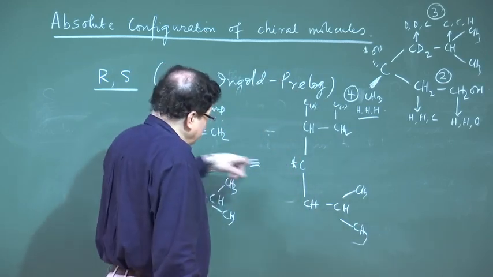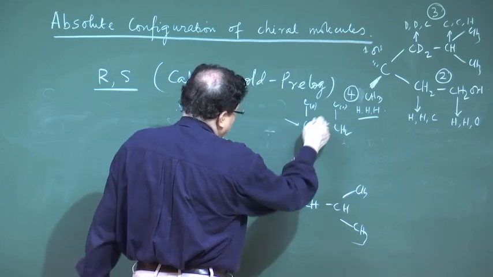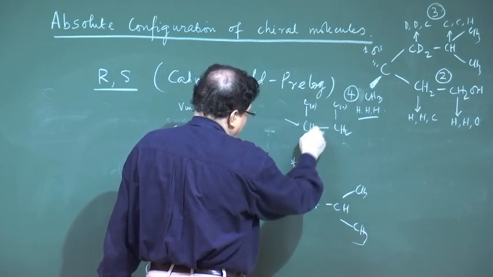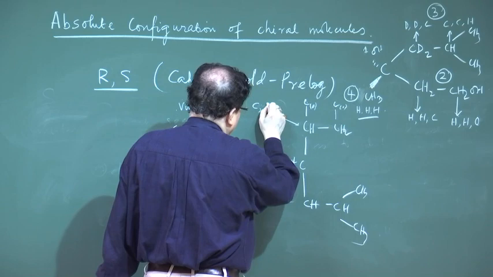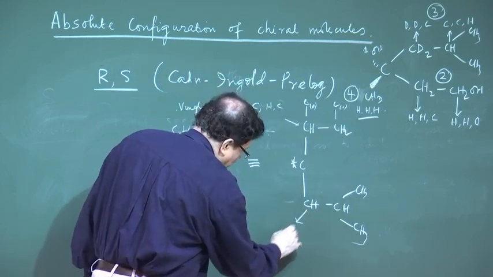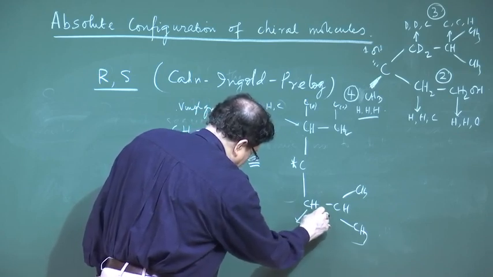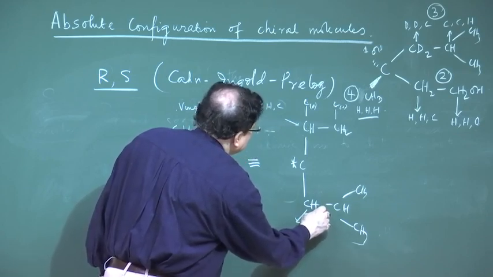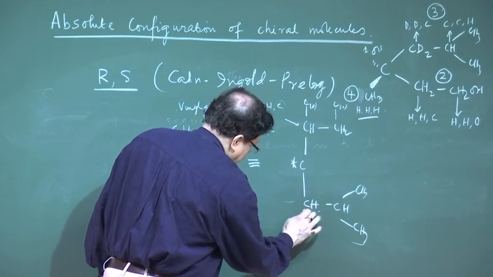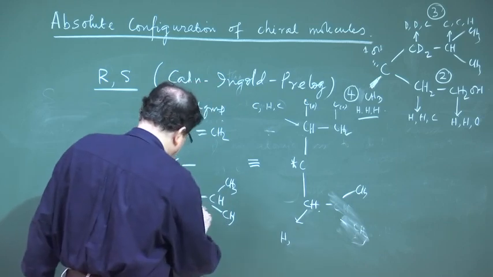Now, let us look at the first carbon. This is attached to a carbon, a hydrogen and a carbon, hydrogen and a carbon. This carbon is attached to a CH2, sorry, this was CH2 CH3, CH3.